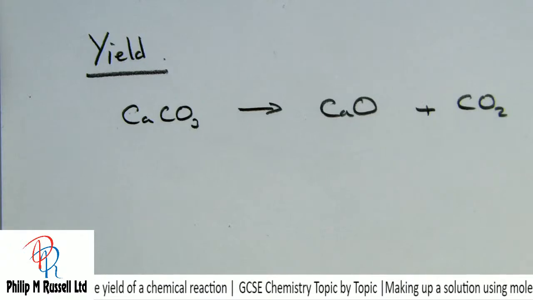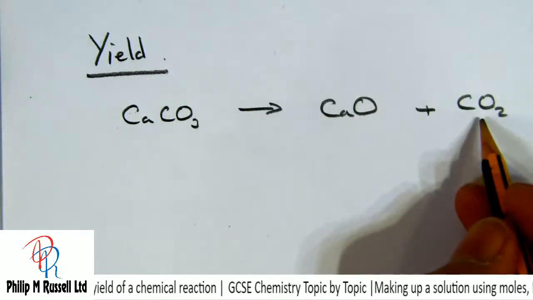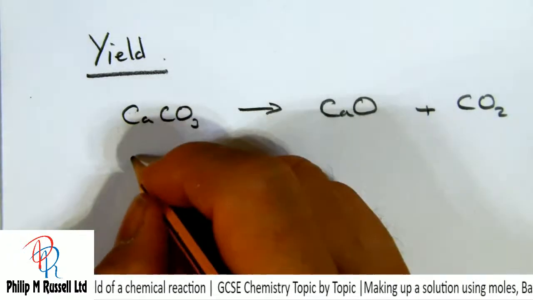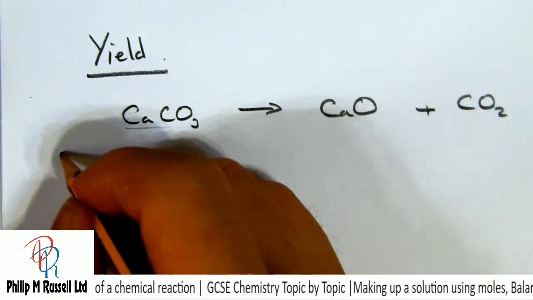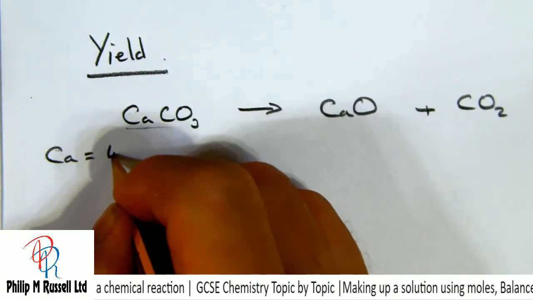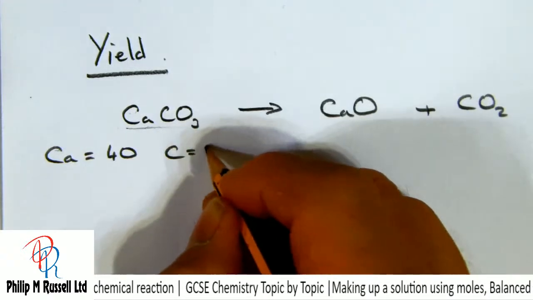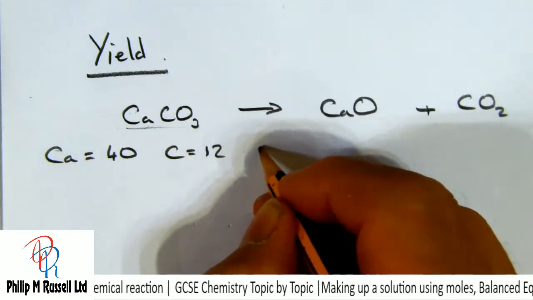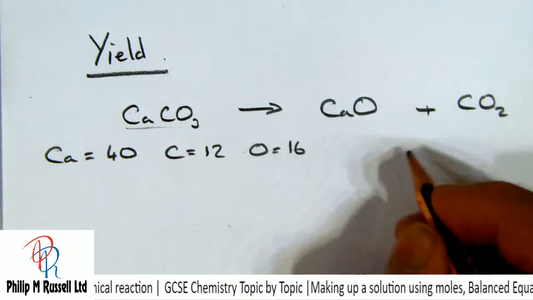Now, if we do our equation correctly, then we can add up this. Calcium is 40, carbon is 12, and oxygen is 16.